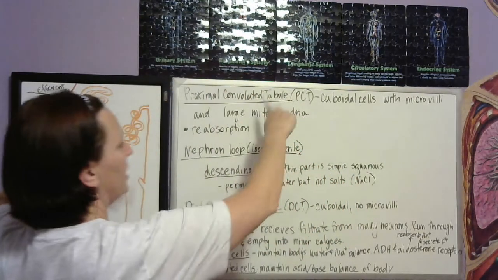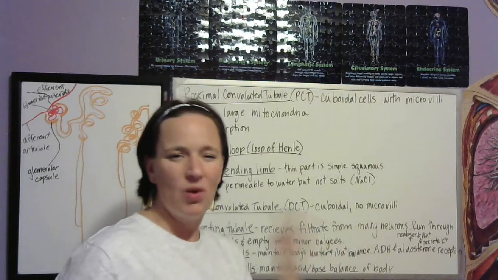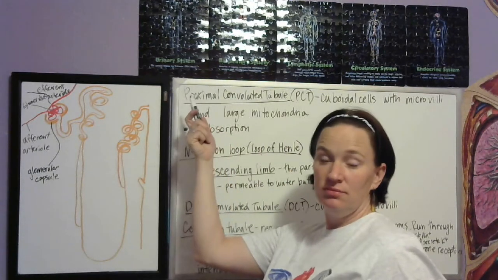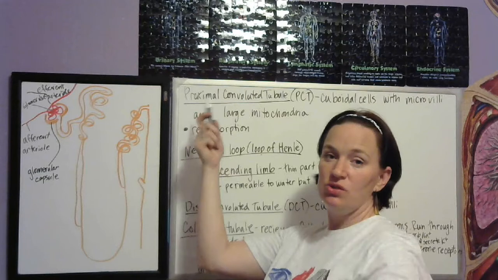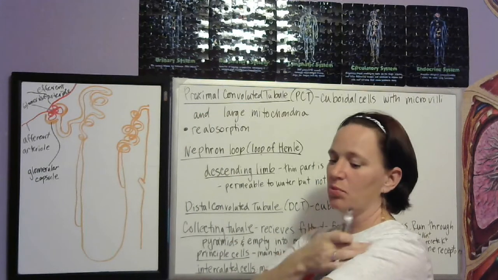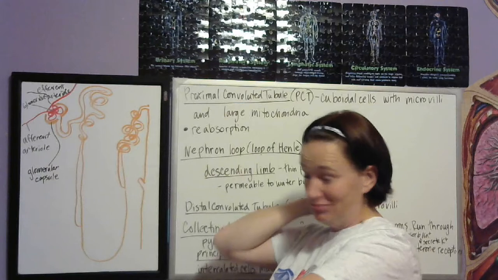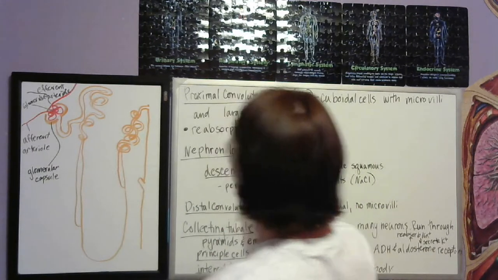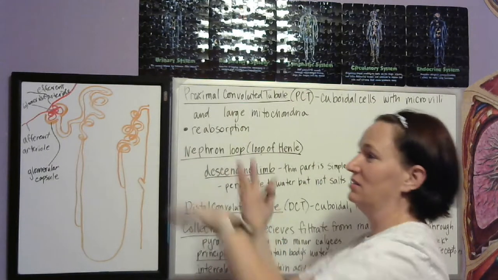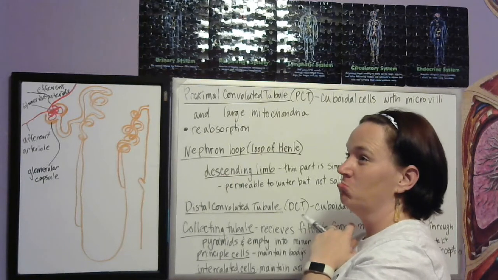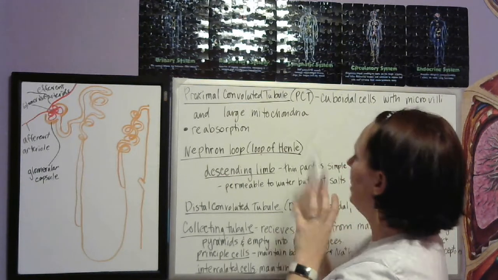The proximal convoluted tubules. What a weird name, right? Proximal means closer to the point of attachment, like the proximal and distal ends of my upper limb. Convoluted means all bent up, and then a tubule.